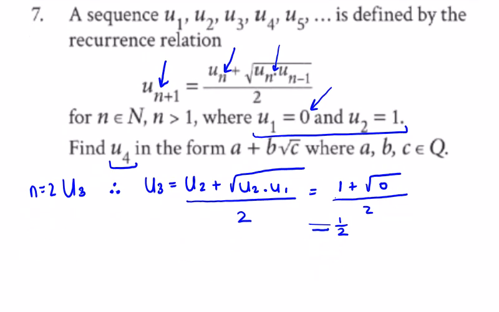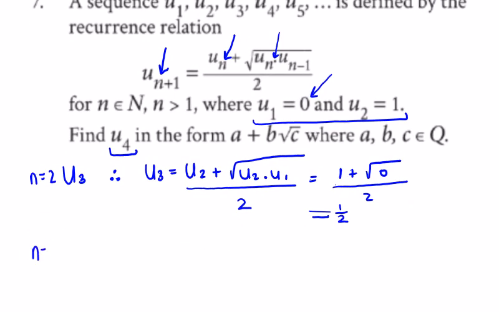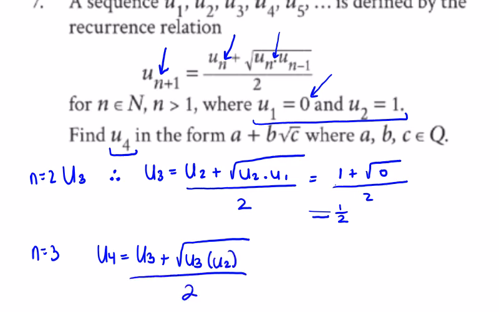And then to get u4, n would be 3. So u4 is equal to u3 plus the square root of u3 times u2, all over 2. u3 we got to be a half, so a half on top, a half plus the square root of u3 times u2, which is a half times 1, square root of a half, over 2.